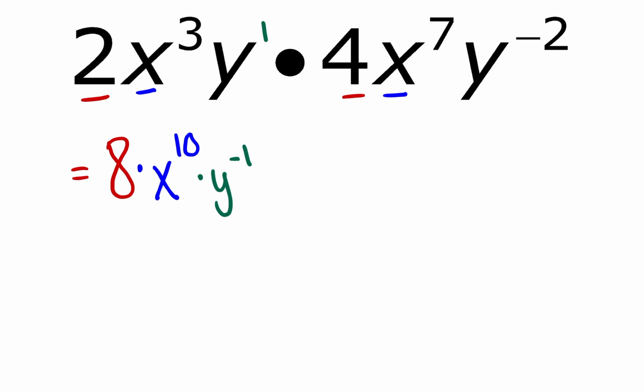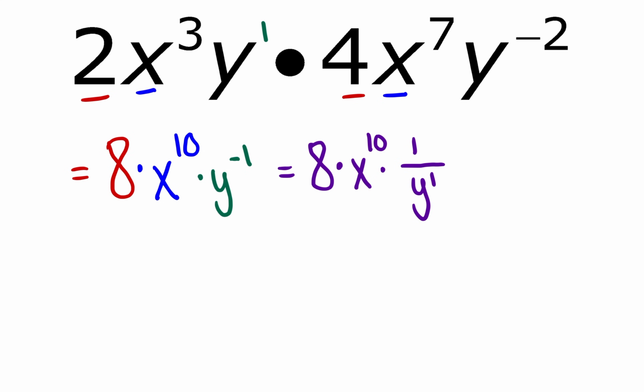Now, we cannot have negative exponents, so I will go ahead and bring that negative exponent down below. So we should have the positive 8 remains the same, times x to the 10th remains the same, times 1 over y to the first power. Now, do we need to write down y to the first power? No, it's known to be a 1.